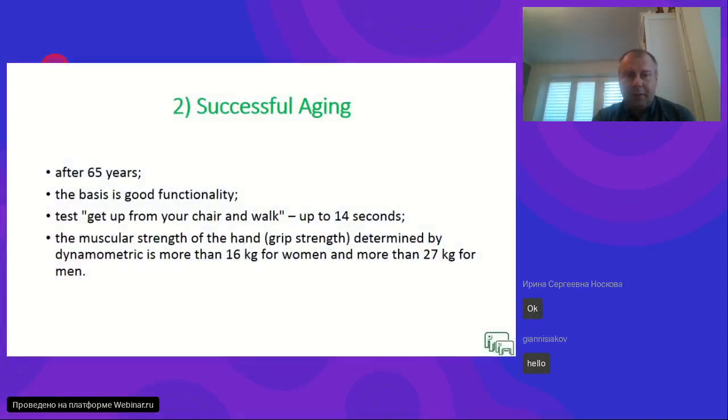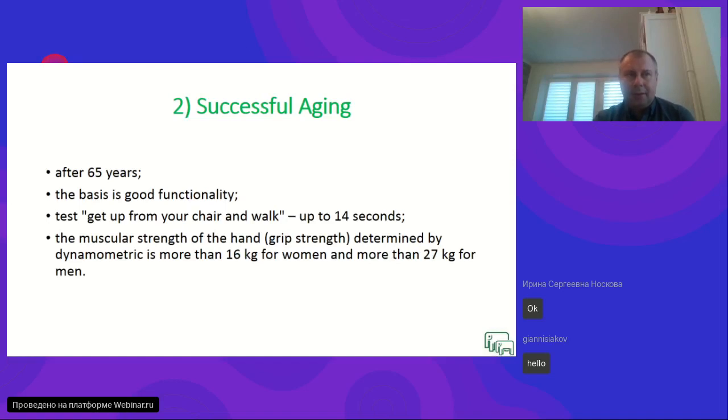But after 65 years, we have some other features of health. We call them successful aging. The basis of successful aging, as you understand, is good functionality. And usually we can measure functionality by 2 tests, which we discussed yesterday. The test is to get up from your chair and walk. Maybe you remember that we must ask our patient to sit down on the chair, then stand up, make 3 steps forward, then turn back and return to the chair.